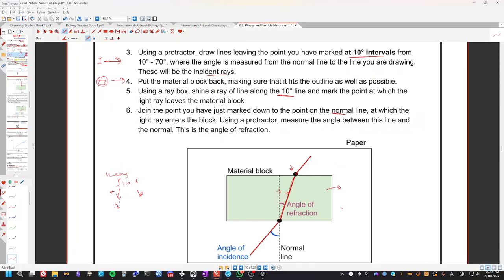The first step is placing the ray down, letting the ray go through the block, and marking the point where it leaves the material block.